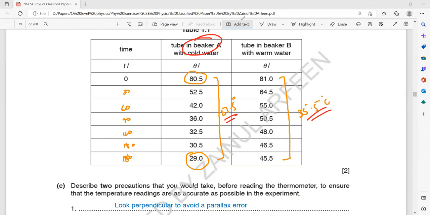Or if you want to say the rate of cooling of A, the temperature change, which is 51.5, divided by 180. It should be quantitative, not qualitative, so you should mention a quantity. What's the rate of cooling for A? 0.8 per second.